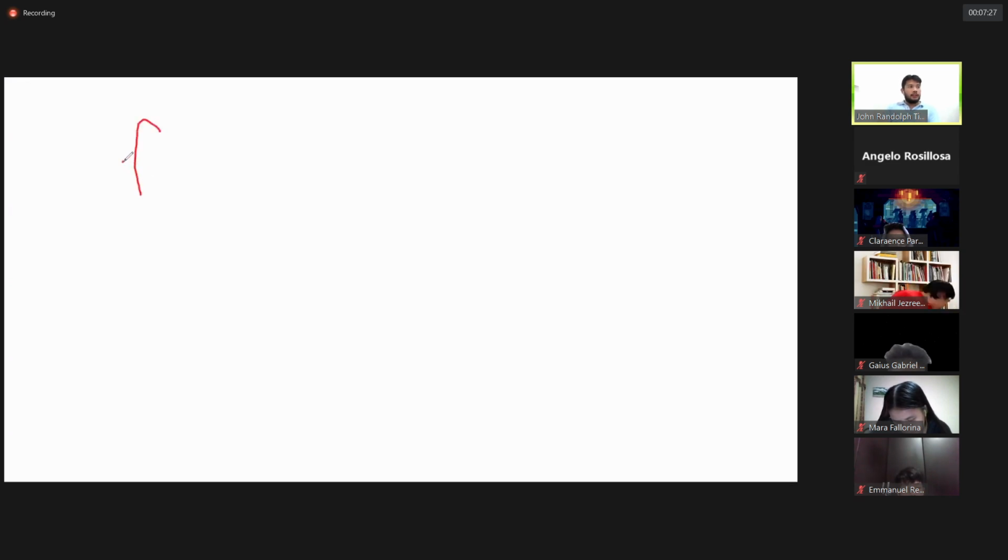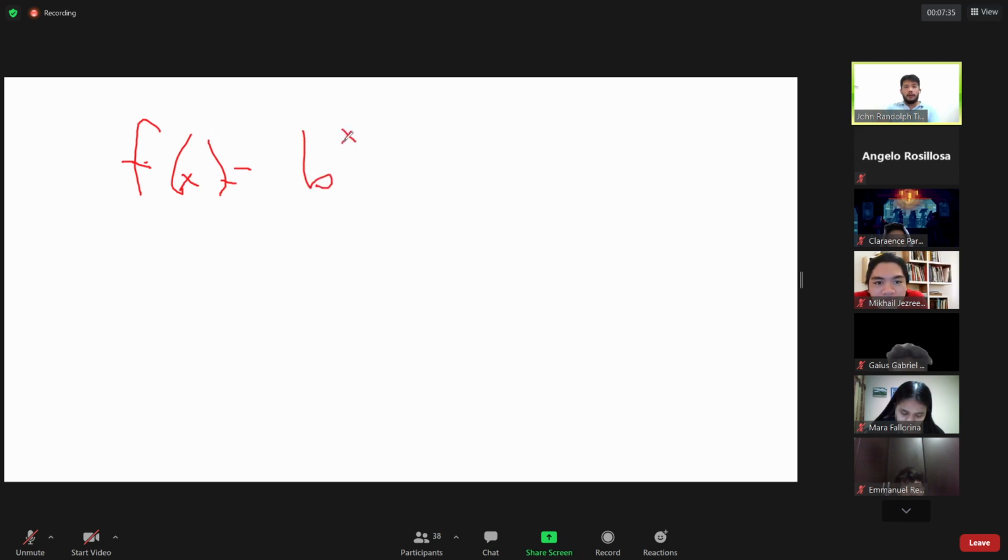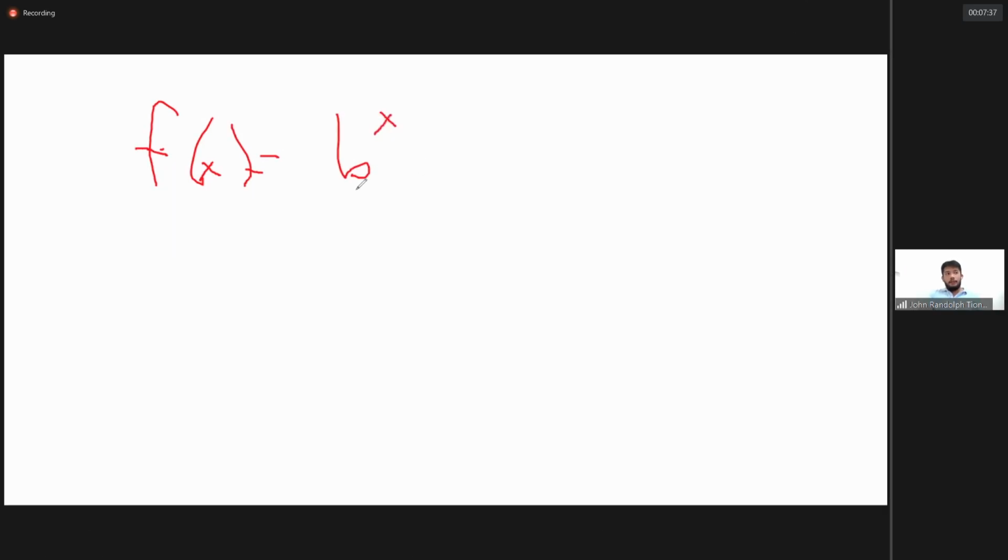So we are given our exponential function f of x equals b to the power of x. You already know how to identify an exponential function. Now, if your b here is greater than 1, then this is an exponential growth function, EGF. Isulat nyo lang yung buong word dyan if you're taking down notes.